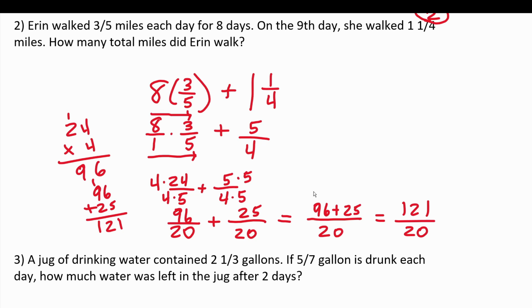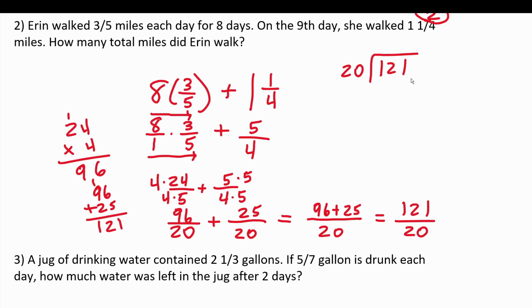And likewise, we want to take this improper fraction and convert it to a mixed number so we can answer this question. So we're going to treat this fraction here as long division, and we're going to write it as 121/20. And we start by asking ourselves, how many times does 20 go into 1? It doesn't. How many times does 20 go into 12?